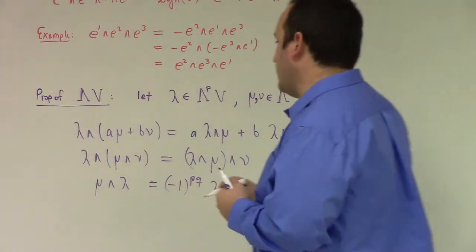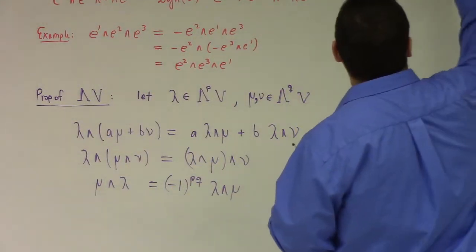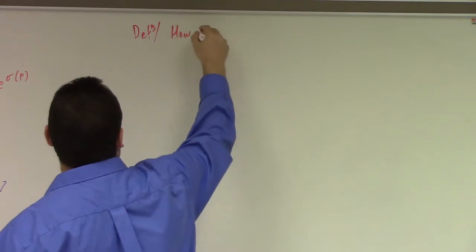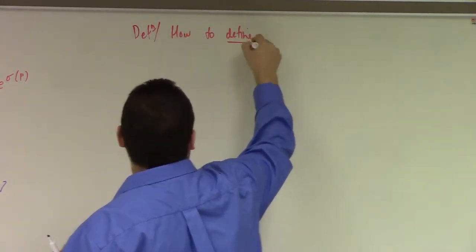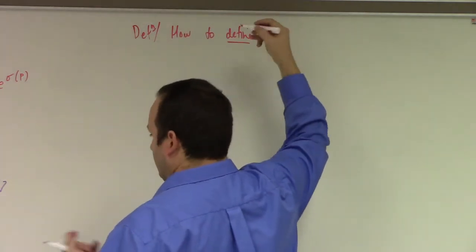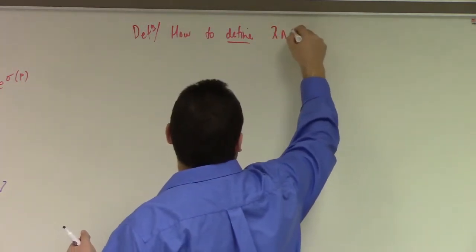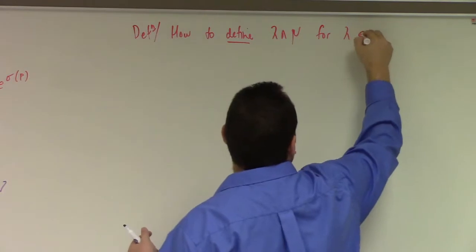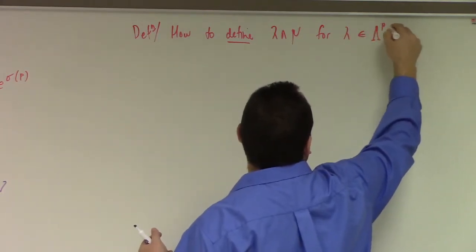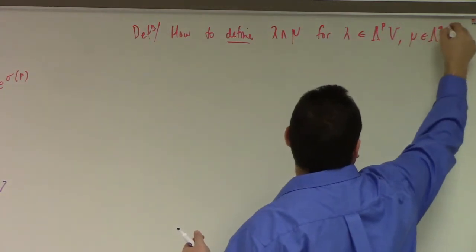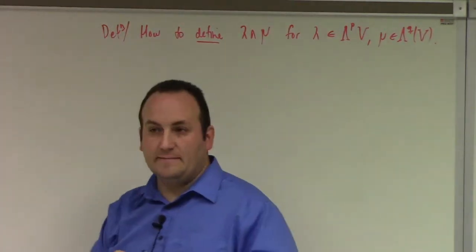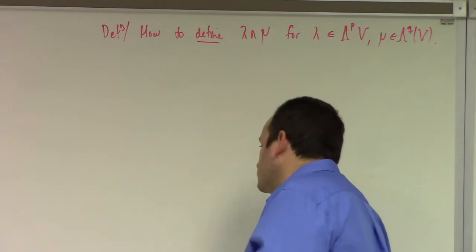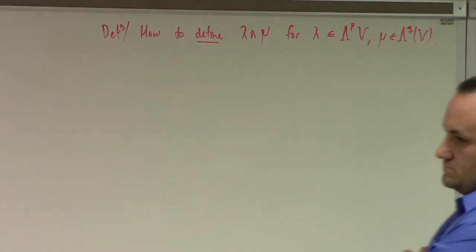The question that remains is how do we define lambda wedge mu, really.